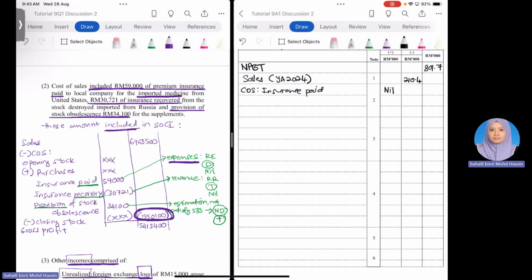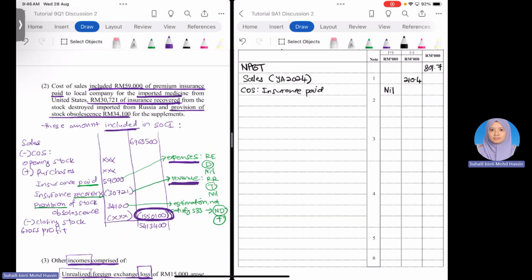Okay, so the second item included in the cost of sale is insurance recovery. You import the stock from Russia, but during the transportation the stock is destroyed. So you claim the insurance from the insurance company and you receive the insurance recovery. This is revenue related to your stock, so a revenue receipt.